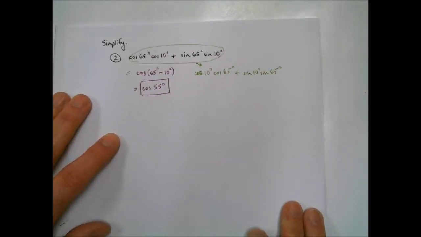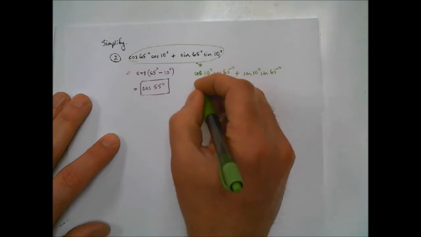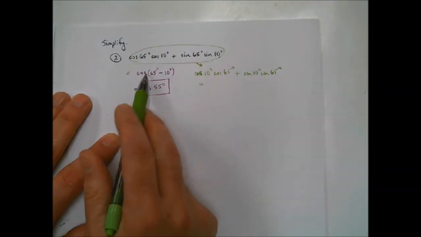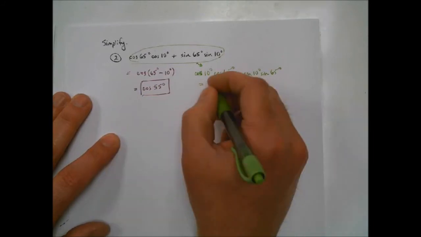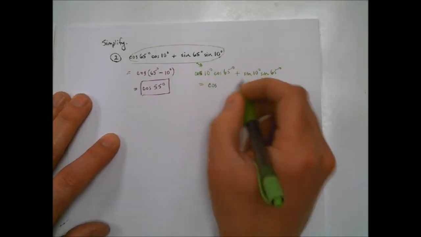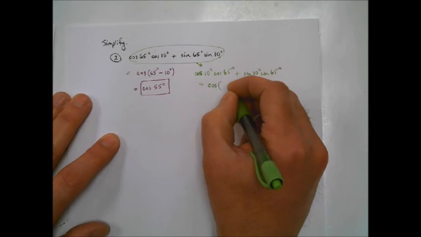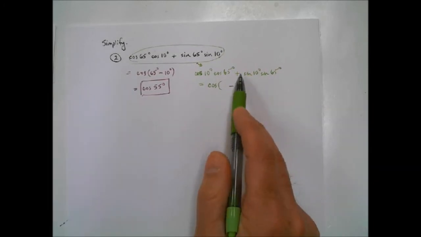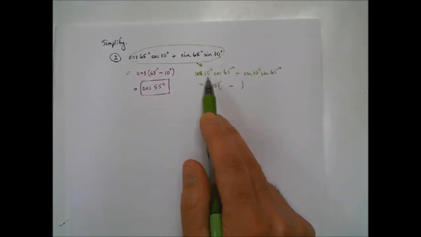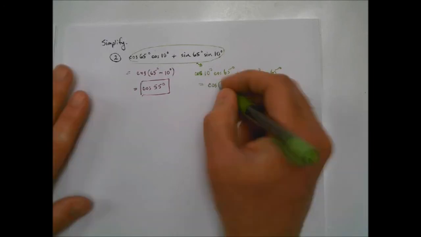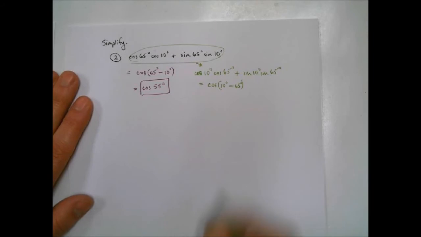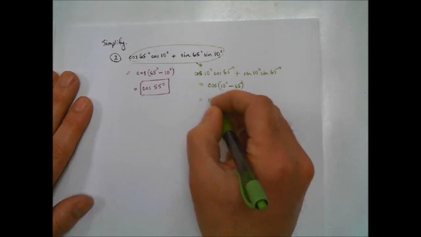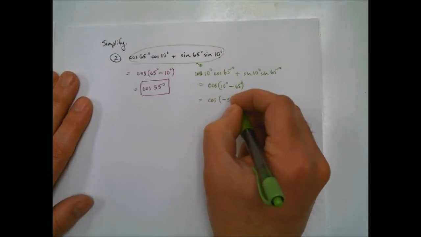Because it wouldn't be very good if it was changing the answer when we're doing a mathematical operation that would be okay. So it's still cosine of angle subtraction because cosine change, but alpha, beta, so 10 degrees, 65 degrees, and right now we would have cosine of negative 55 degrees.